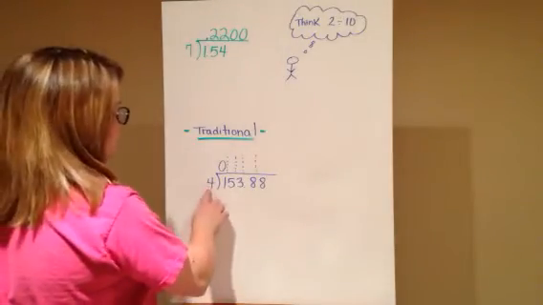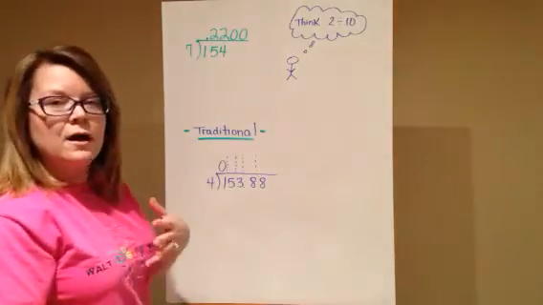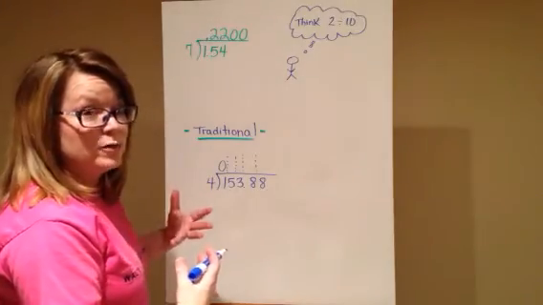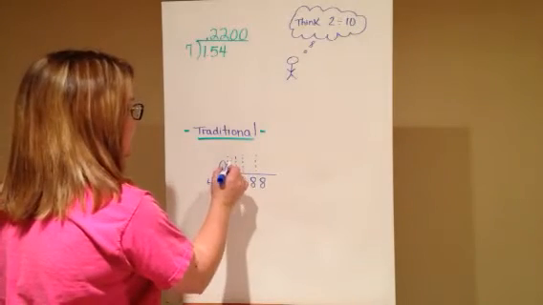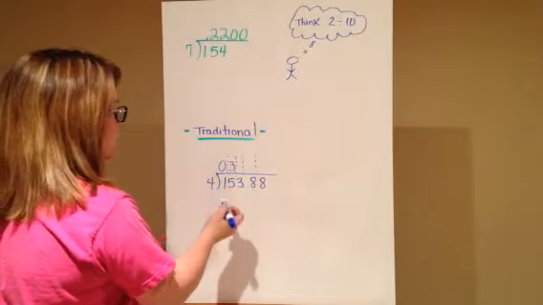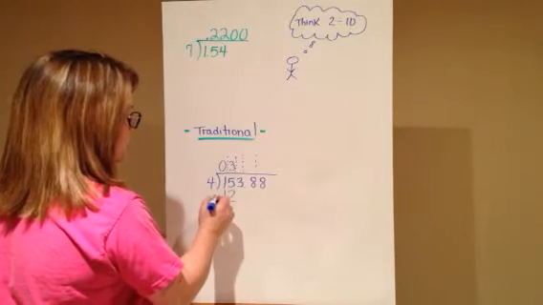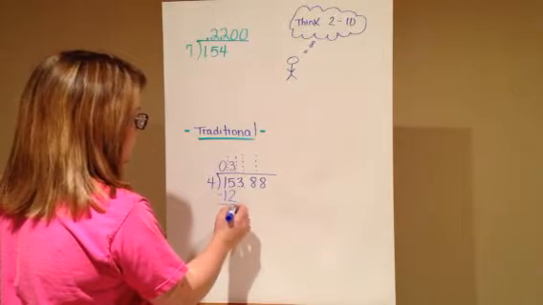And then you're going to think, does 4 go into 15? Well, yes, it does. 4 times 4 is too big, so it's going to be 4 times 3. So I'm going to place a 3 right here. 3 times 4 is 12. Then we're going to subtract.